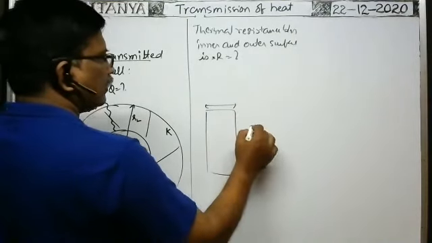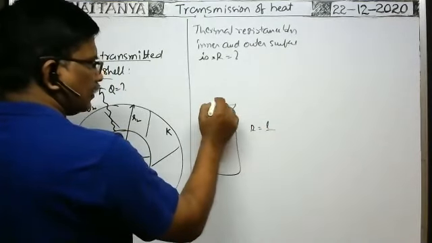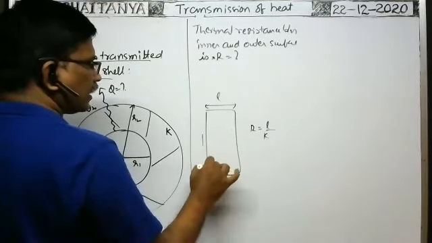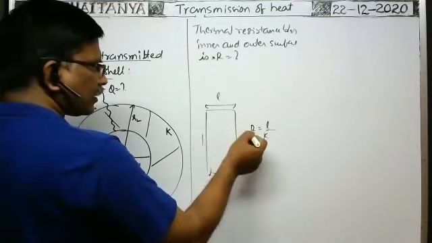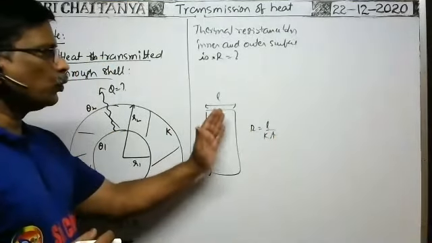Directly we can write R is equal to L by K into area of cross section, where L means the distance between the two faces. The area of cross section is the same everywhere along its length, so simply we can write it like this.